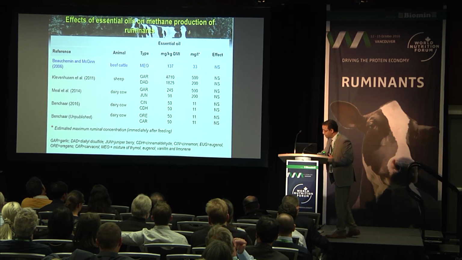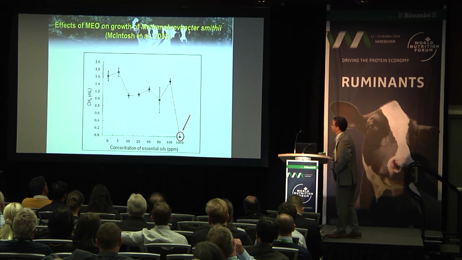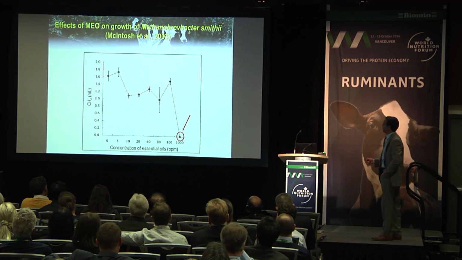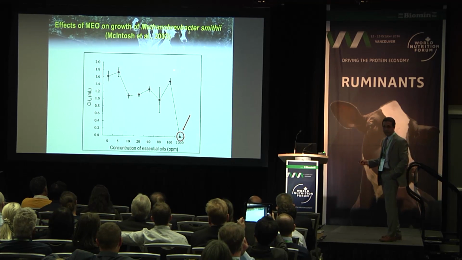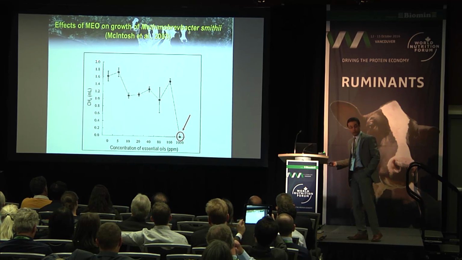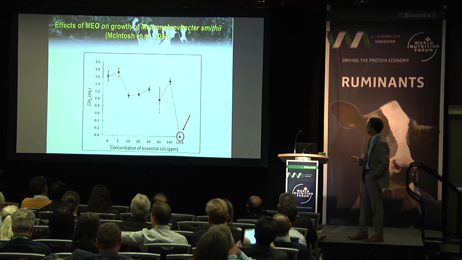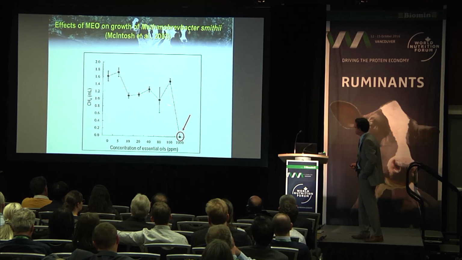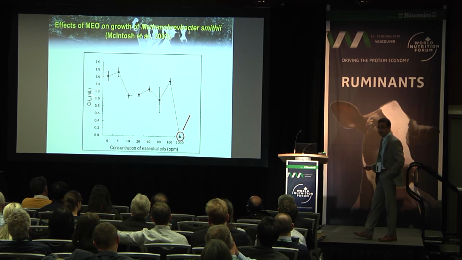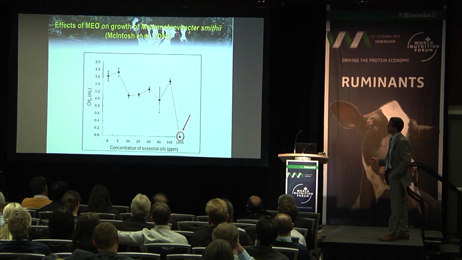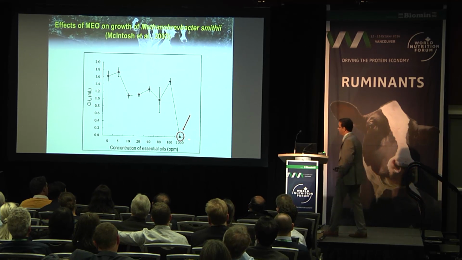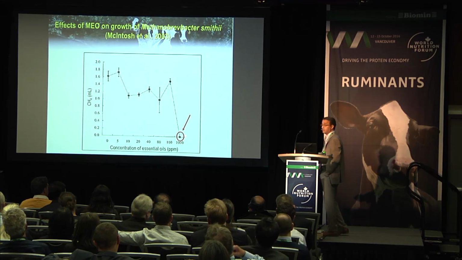Another experiment, run by McIntosh et al., investigated the same essential oil mixture for its effect on the methanogen Methanobrevibacter smithii. And as you can see here, the inhibition of this methanogen occurs only when the concentration of essential oil in the medium is about 1,000 ppm.